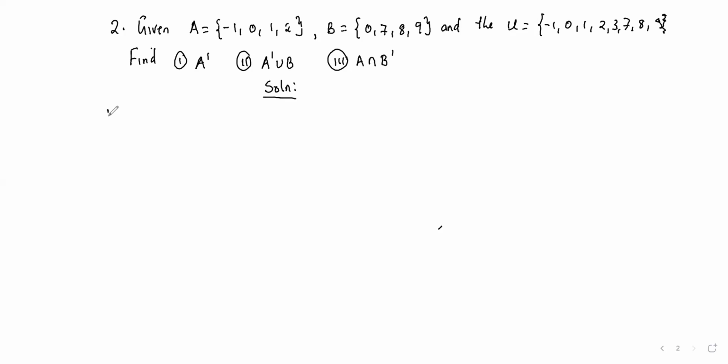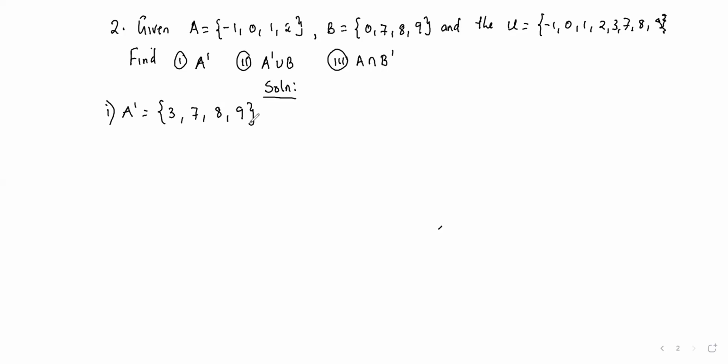So let's see A complement. So this is now the definition of a complement. It's well understood when we come to this part. For A complement, we go to the universal set and write all the elements of U that are not in A. So we have 3, 7, 8, 9.